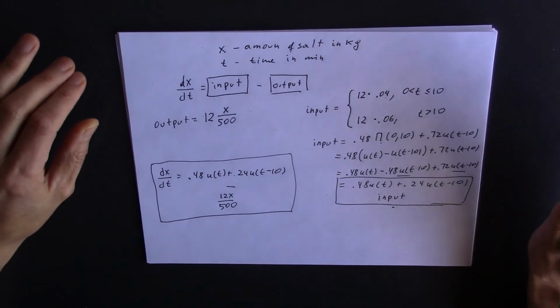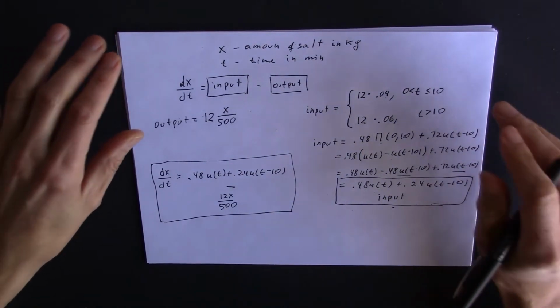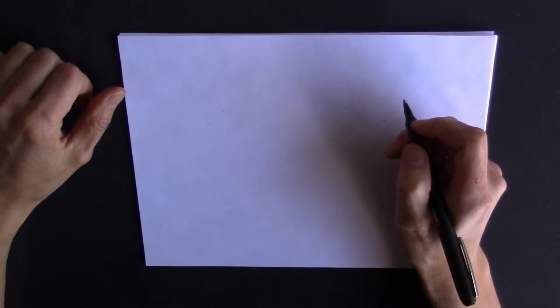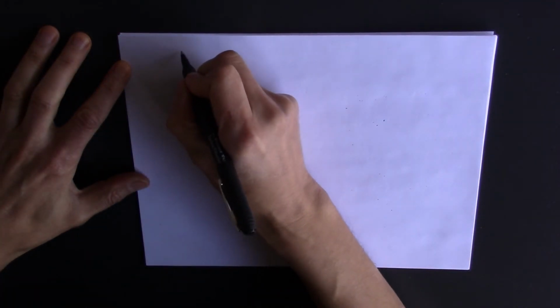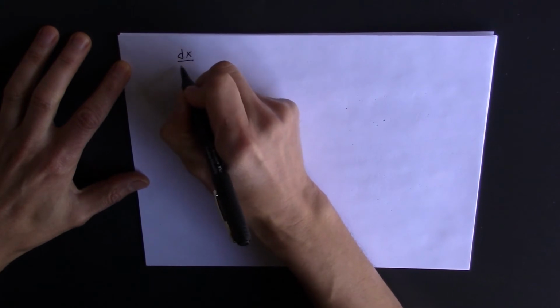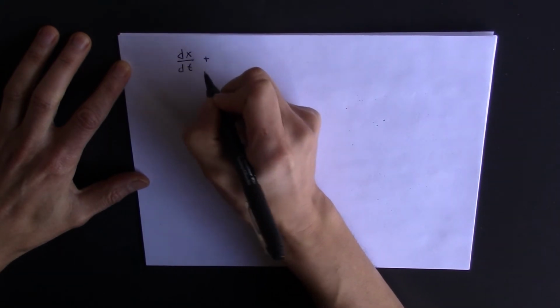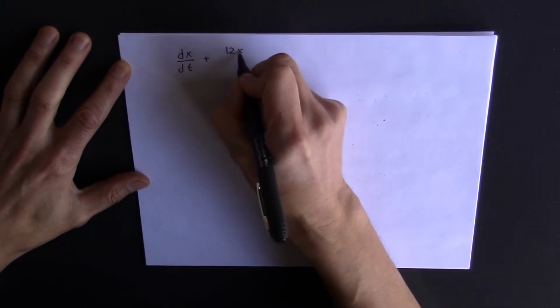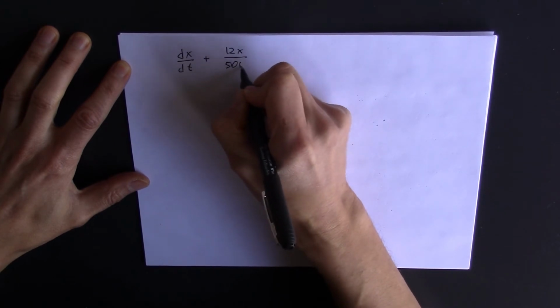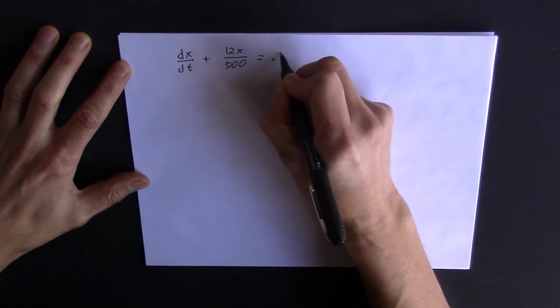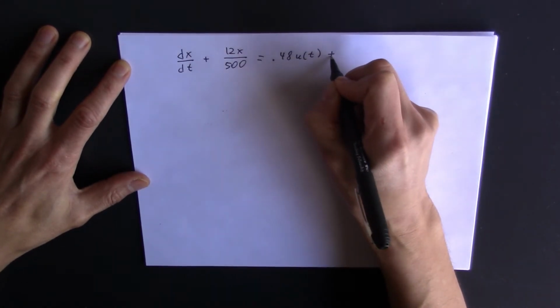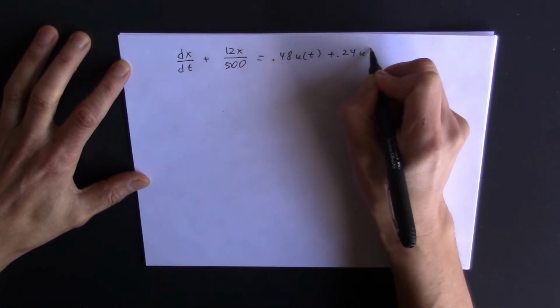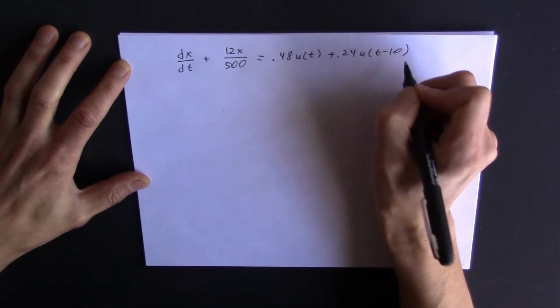That is our differential equation to solve. We're going to solve it by Laplace transforms. Before we do that, let's rewrite the expression as dx/dt plus 12x over 500 equals 0.48 u of t plus 0.24 u of t minus 10.